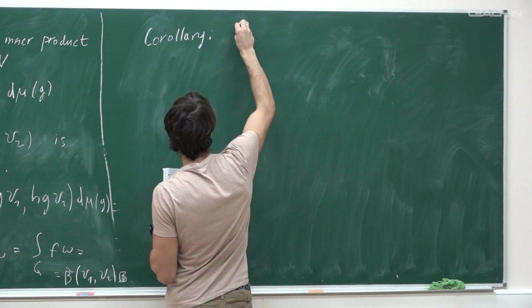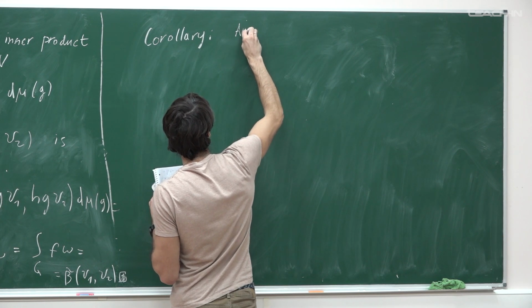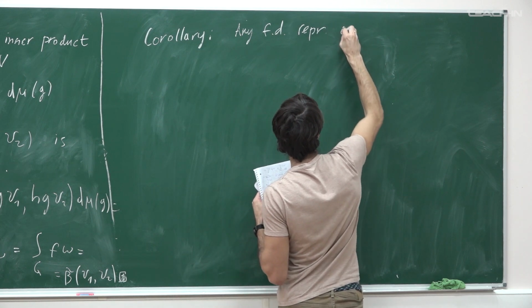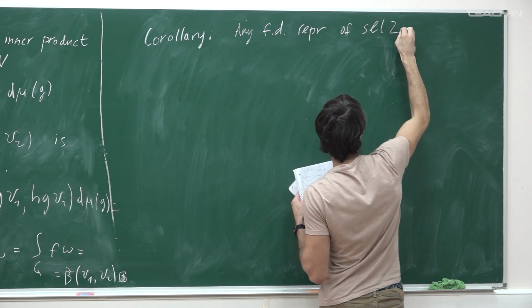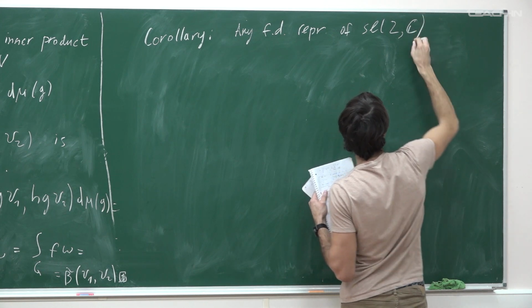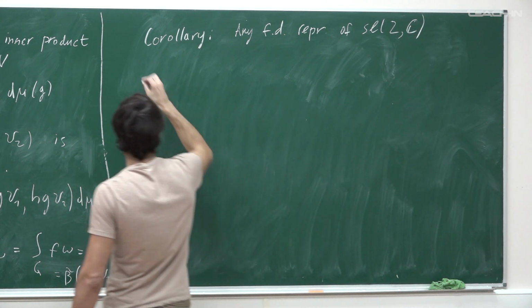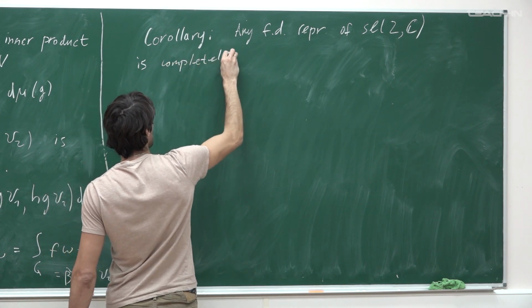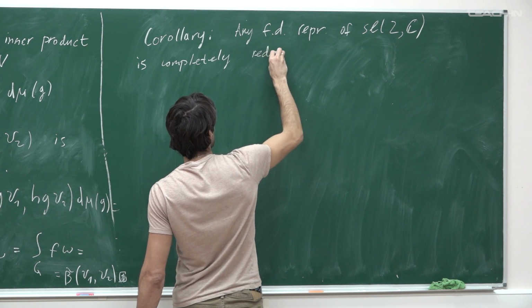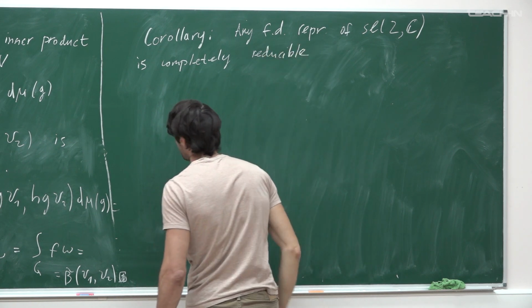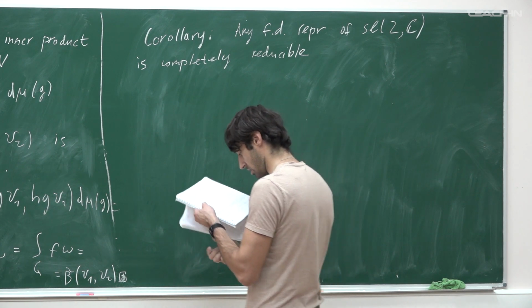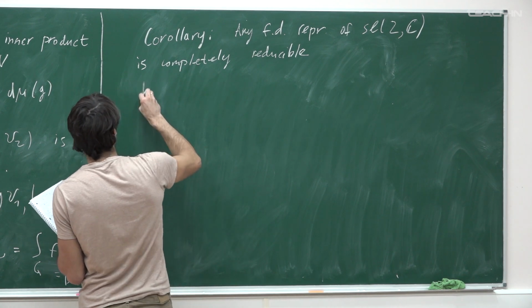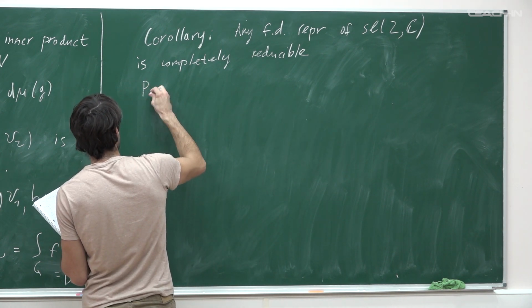Any finite dimensional representation of SL2C is completely reducible. Well, the proof goes like this.